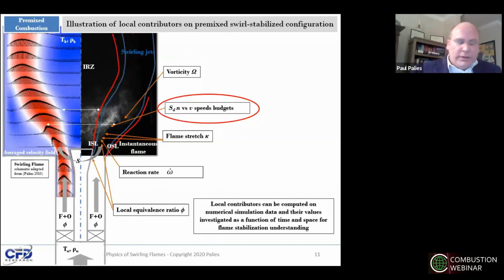Now I also superimpose some of the flame stabilization local contributors.